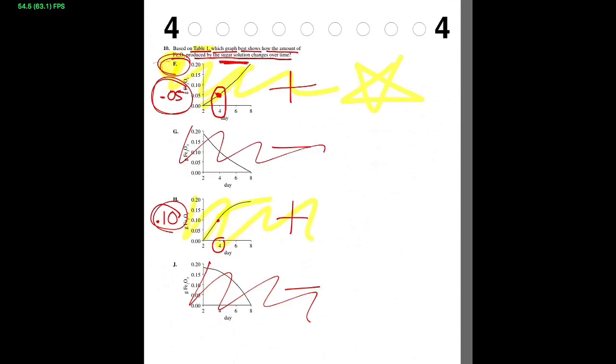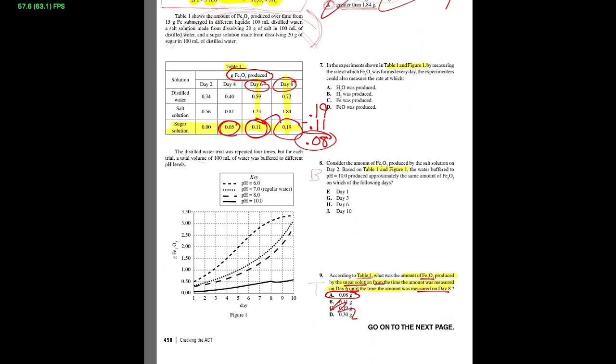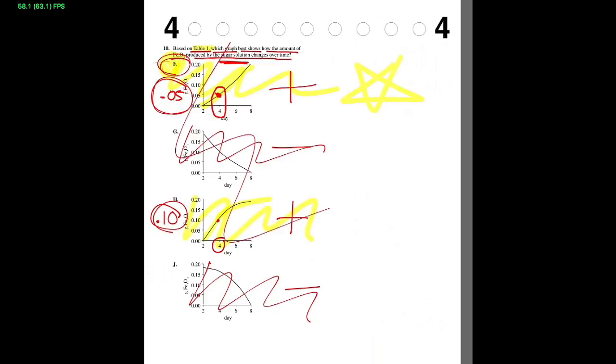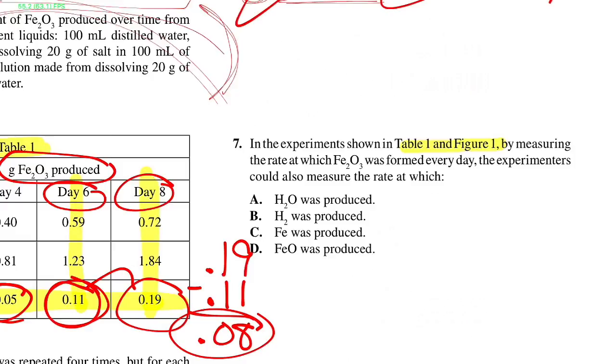Okay. Now I have 2 questions to go. I've already spent a good amount of time on table 1. And I haven't looked at figure 1 at all yet. So now I want to look at the first question, which deals with both of them.